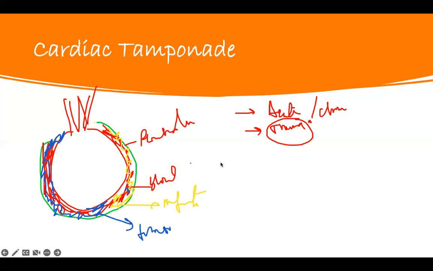So these three things: it can be blood, that's trauma, it can be infectious, or it can be just a tumor. They can let the fluid surrounding the heart build up too much, and then that will start giving you symptoms. It's no more just effusion. The effusion has developed into cardiac tamponade.